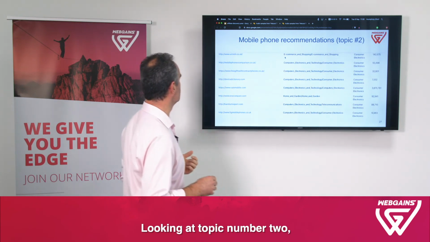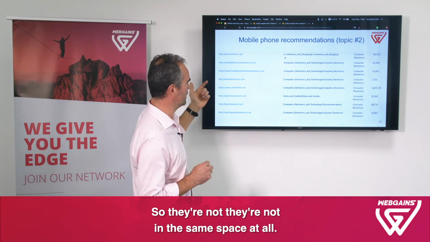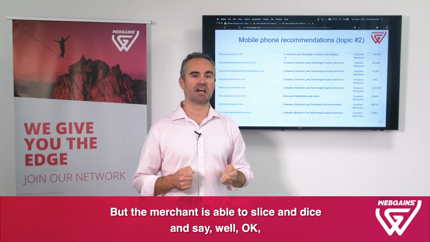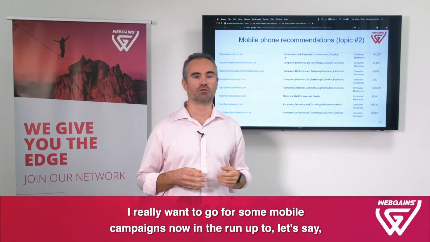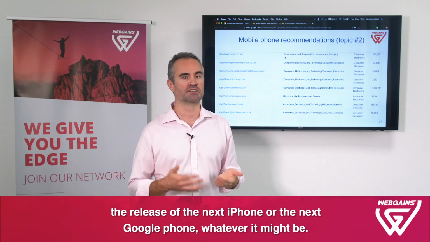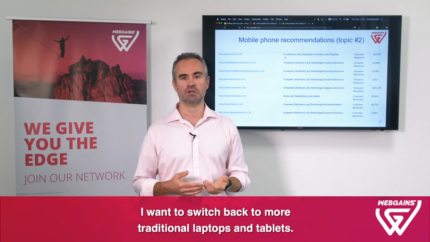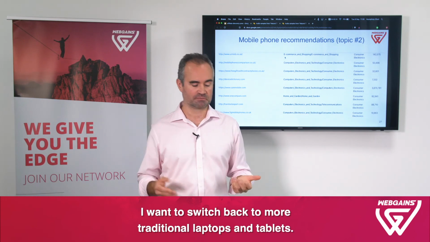Looking at topic number 2, very different publishers are showing up here. So they're not in the same space at all. But the merchant is able to slice and dice and say, well, okay, I really want to go for some mobile campaigns now in the run up to, let's say, the release of the next iPhone or the next Google phone, whatever it might be. But then coming up to Christmas time, I'm going to switch back to more traditional laptops and tablets.